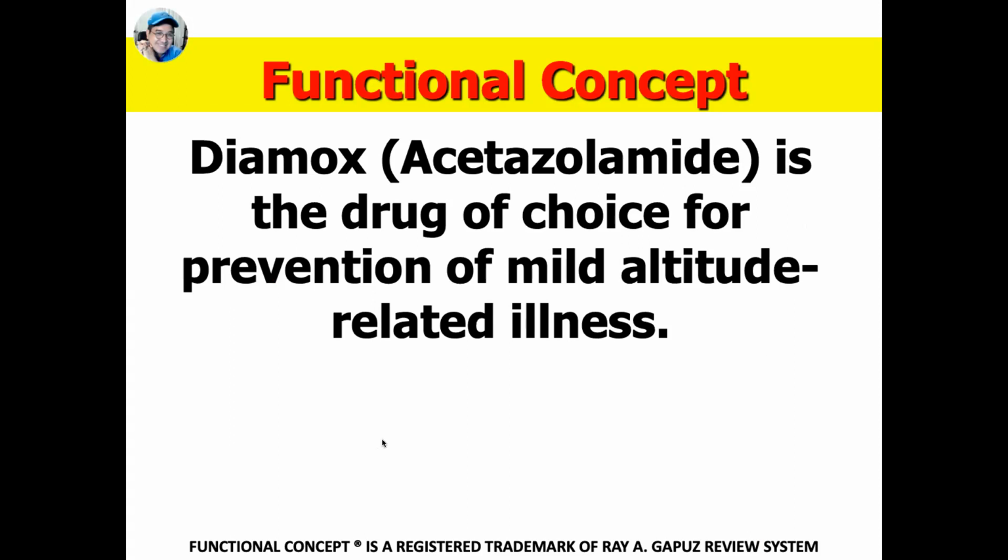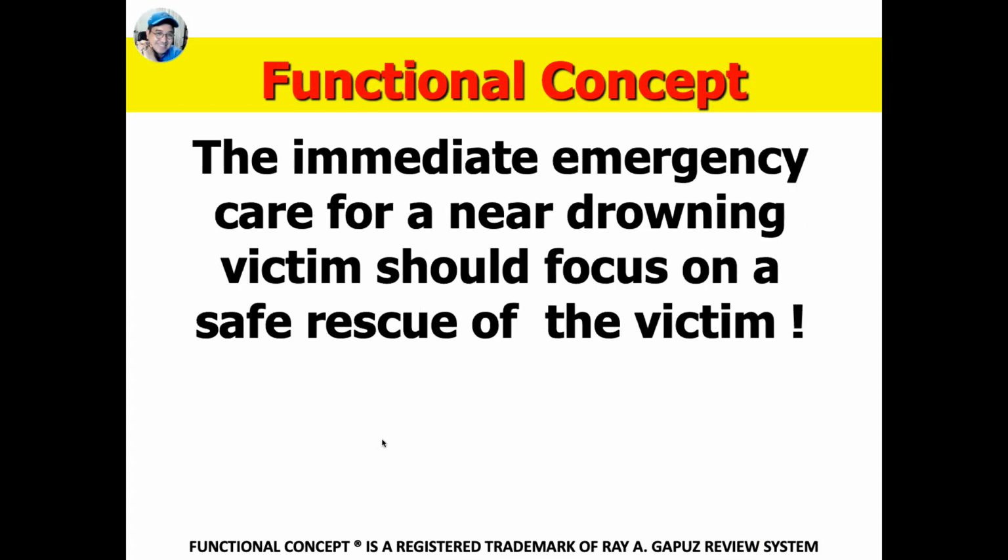The immediate emergency care for a near-drowning victim should focus on a safe rescue of the victim. So do not send anyone, or if you yourself cannot swim, please do not try to rescue the victim, because in the end, there could be two victims at the site.